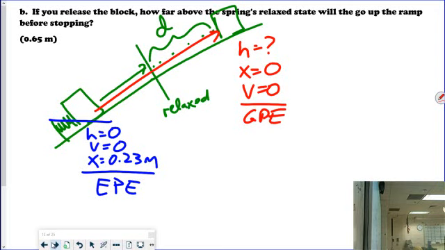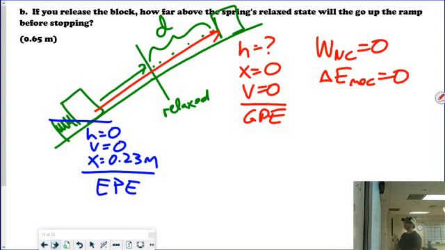Now, are there any non-conservative forces? Well, after you let go of it, the only forces are the spring pushing it up and gravity pulling it down. So my total energy here ought to stay the same, right? You could think about it this way: the work done by non-conservative forces now is 0, which means my change in mechanical energy is 0, which means my total energy has to stay the same, right?